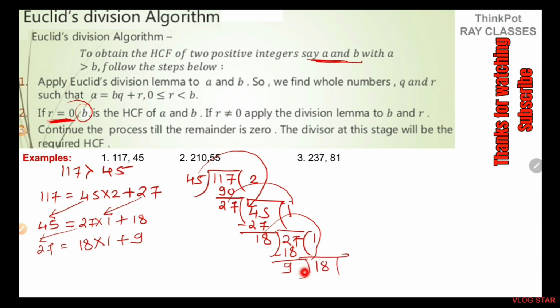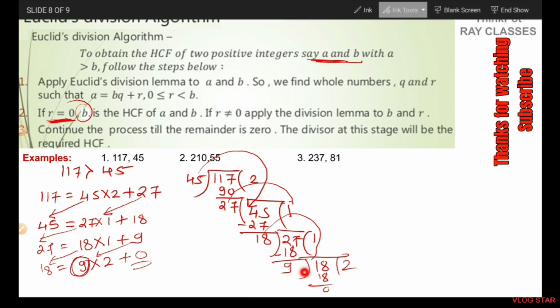You will get 18, 2 times 9, and your remainder comes 0. So 18 is equal to 9 into 2 plus 0. Now since the remainder is coming 0, we can say 9 is the HCF of 117 and 45.